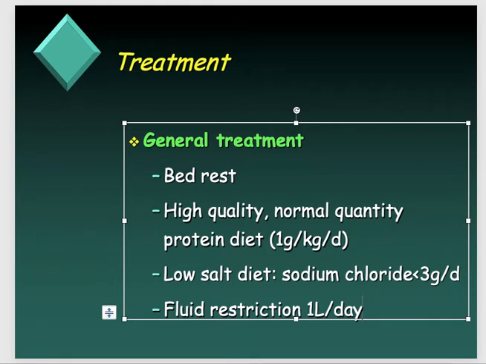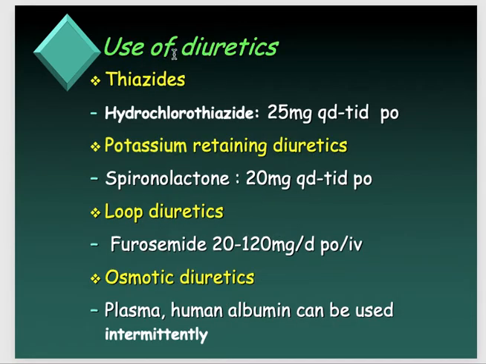So once that is done, you have to reduce edema. We can give them diuretics. We can give them loop diuretics like furosemide, thiazide, potassium retaining, osmotic diuretics, okay? Anything can be given.